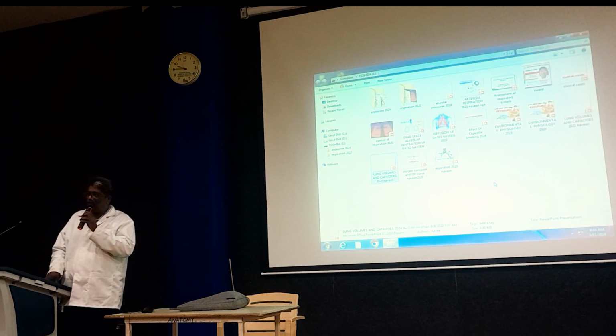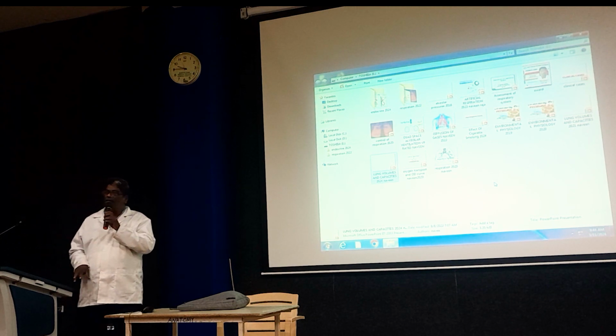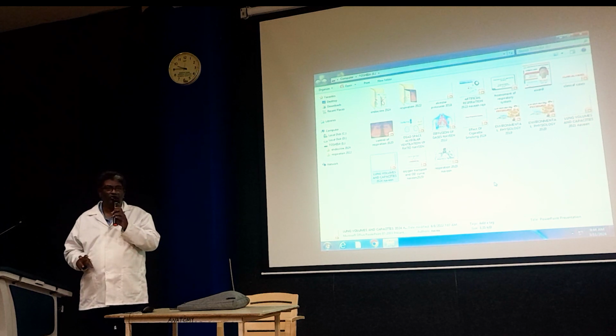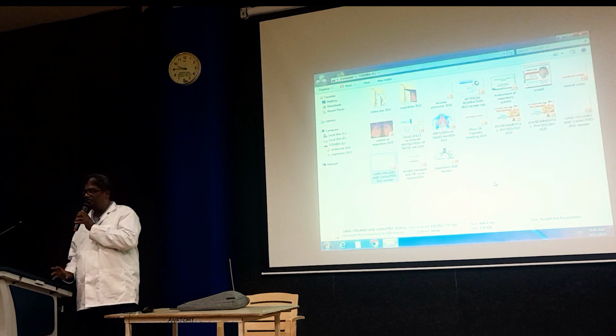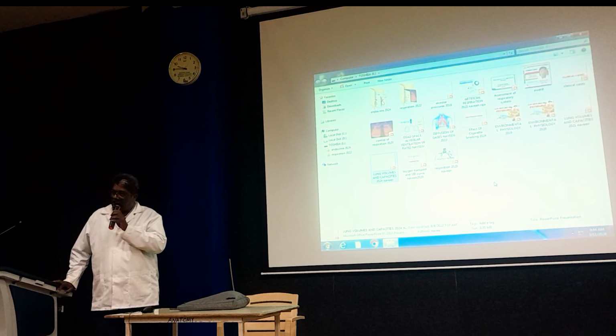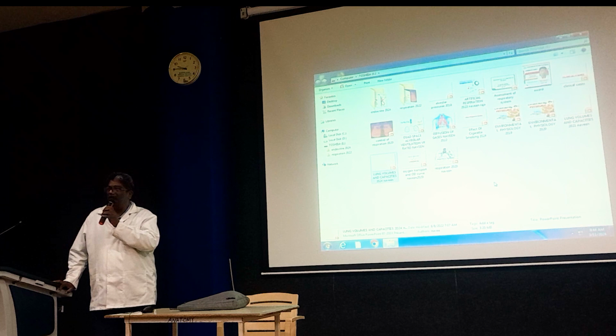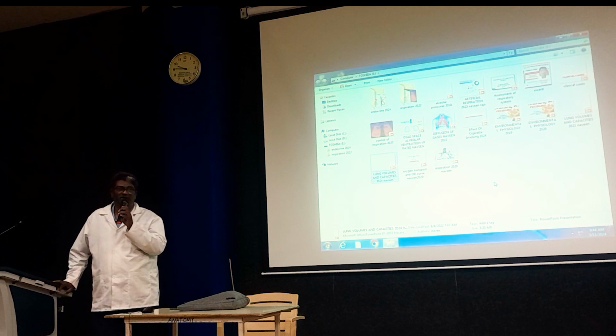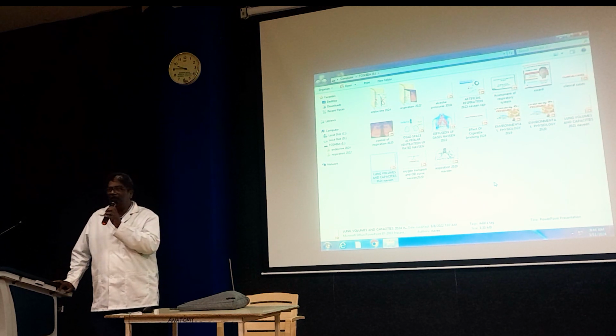It is synthesized in the hypothalamus and reaches the anterior pituitary gland through the hypothalamo-hypophyseal portal system, and there it stimulates the synthesis of thyroid stimulating hormone.